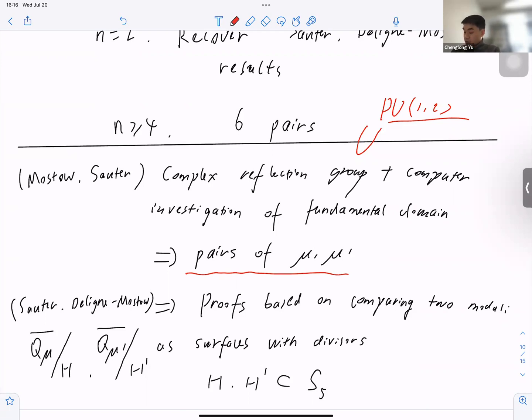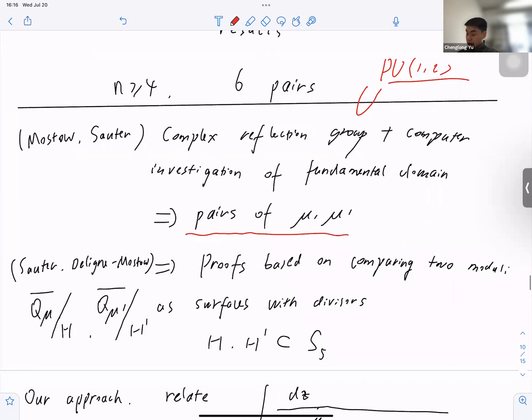And then in Sauter's thesis and later in Deligne-Mostow's book, they wrote down the rigorous proof based on comparing those two moduli spaces, quotiented by some permutation subgroups, and then comparing those surfaces with divisors and also some other monodromy data associated with those divisors, and they prove that those groups are isomorphic.